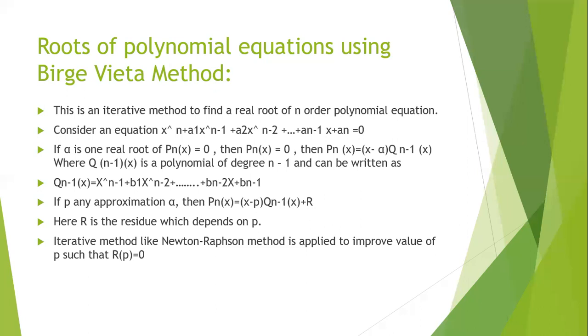Consider an equation, suppose x raised to n plus a1 x raised to n minus 1 plus a2 x raised to n minus 2 plus dash, up to a(n minus 1) x plus an is equal to 0.